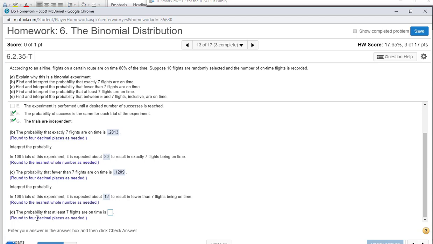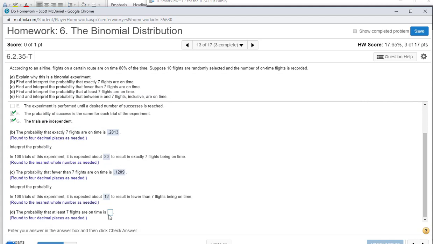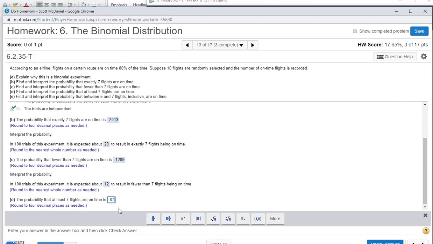The probability that at least 7 flights are on time is what? So think about this. At least 7 means 7 or more. So at least 7 is 7 or higher, which is 0.8791. Make an observation here.